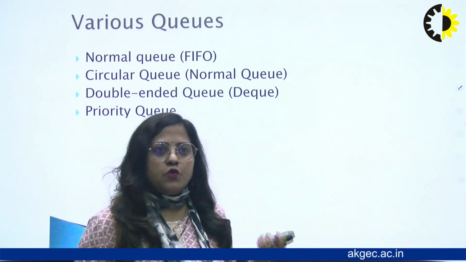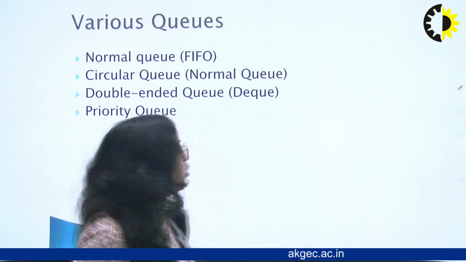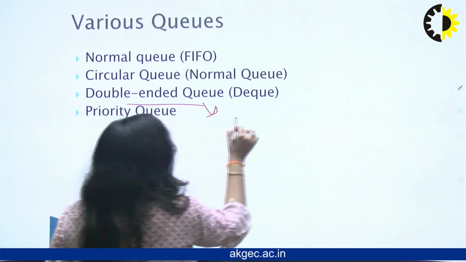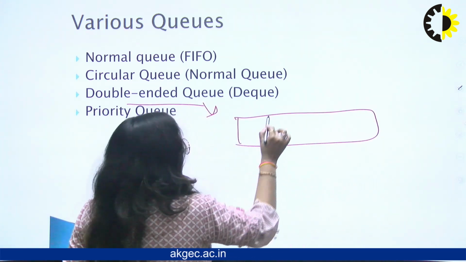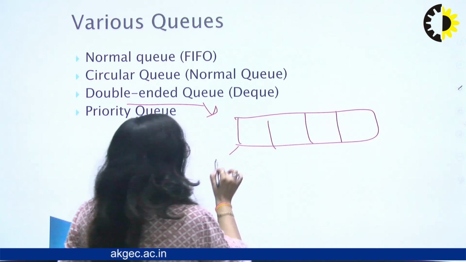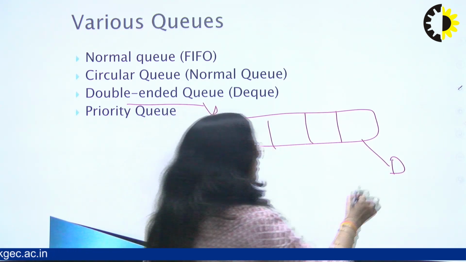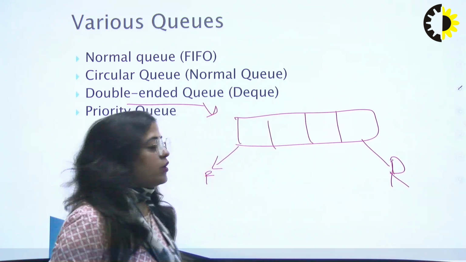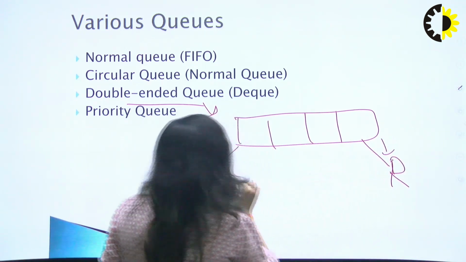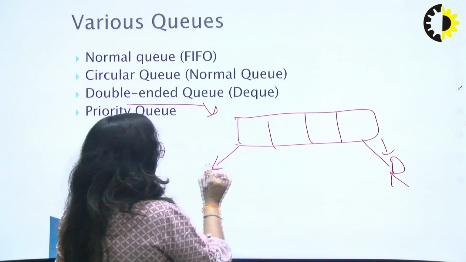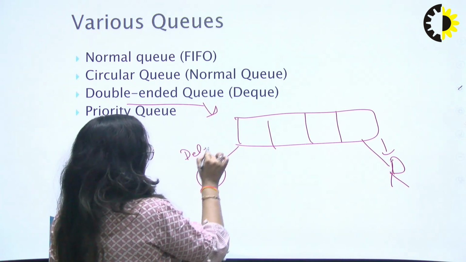Normal queue, FIFO, circular queue, double-ended queue. What is the double-ended queue? In a normal queue, one end is for insertion and one end is for deletion. This is called the rear part. Okay, sorry, this is used for insertion and the front part is used for deletion.